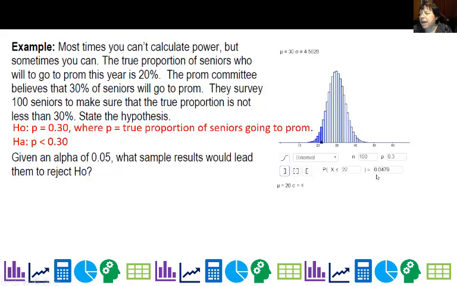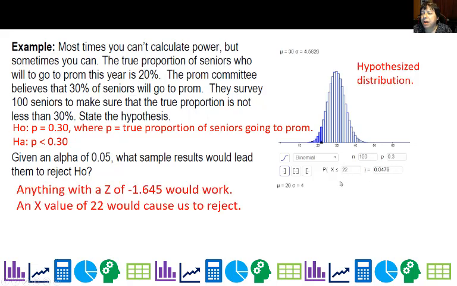They would actually have to get an alpha less than 0.05 or a p-value less than 0.05. And so that would be an x value of 22 or a z of negative 1.645. So here I was using a binomial distribution to look at the hypothesized distribution. So any x of 22 or lower would cause us to reject. Okay, so we know alpha.